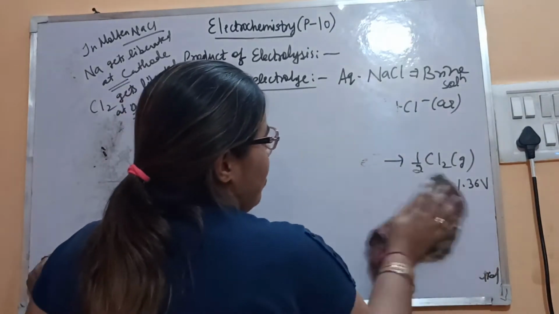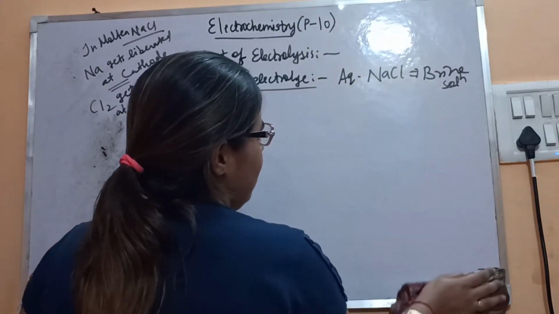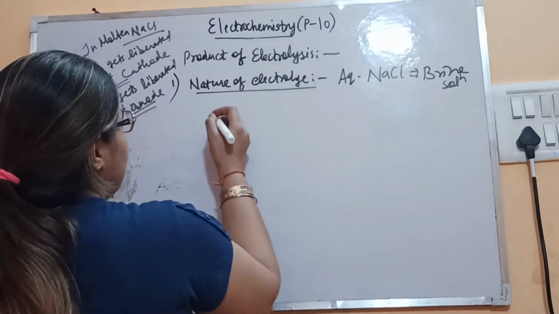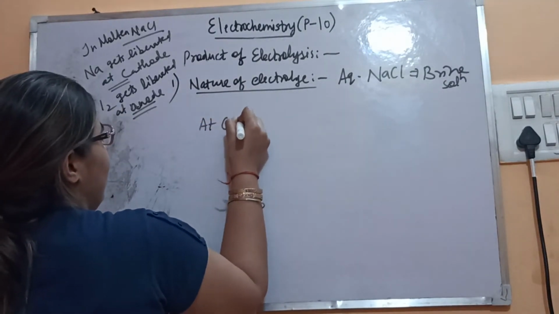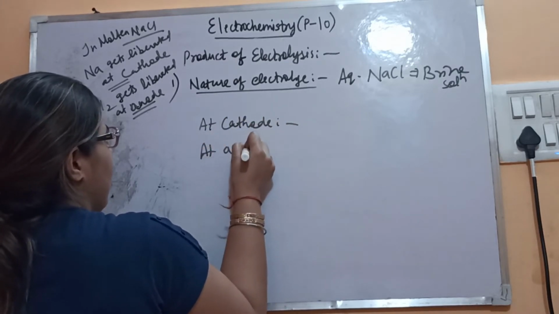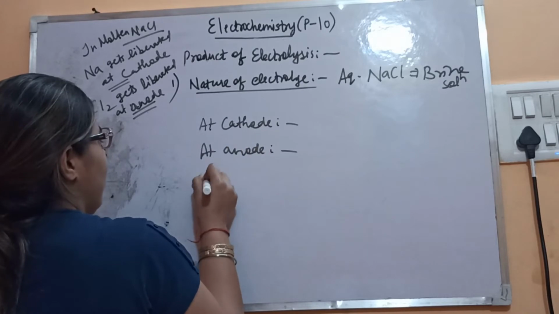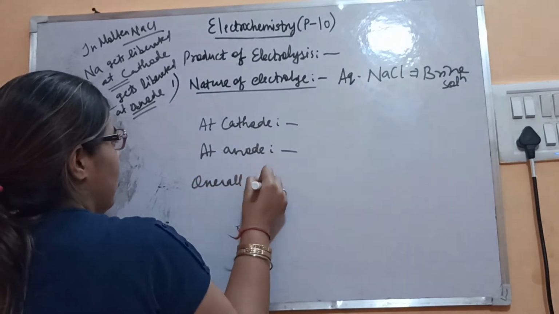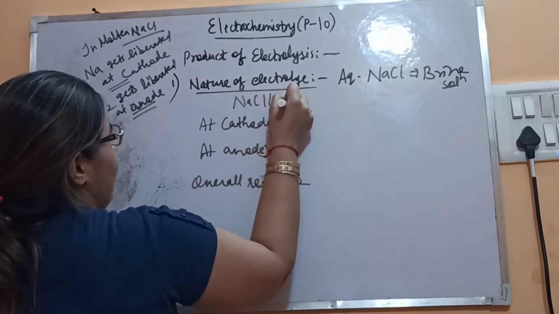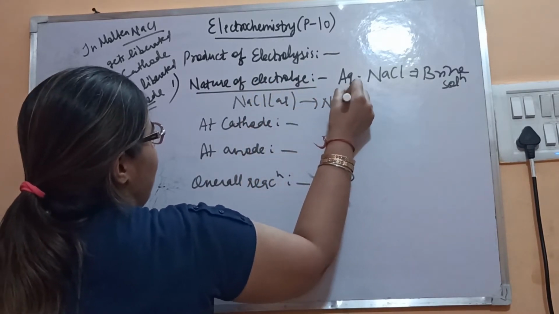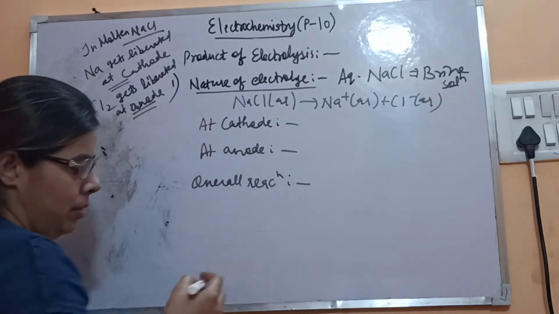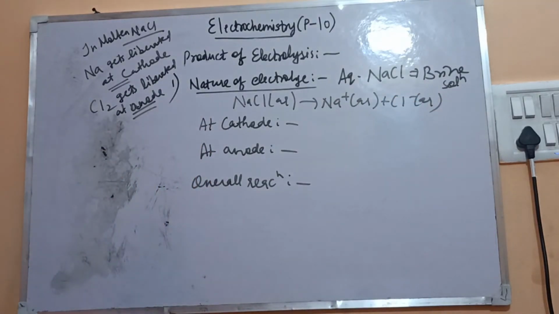So what is the overall reaction, the resulting solution? At cathode, at anode, and the overall reaction. So this was the reaction: NaCl aqueous gives you Na positive aqueous and Cl minus aqueous. Fine.